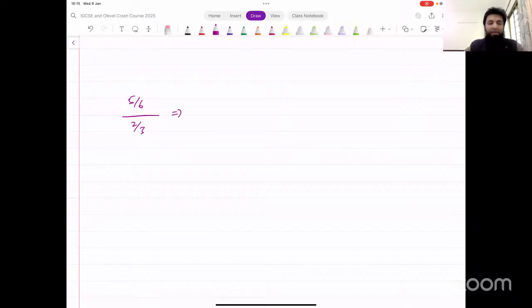An easier way that will save you from careless errors of simplifying this would be that you write it separately like this. 5 over 6 divided by 2 over 3, you write it as 5 over 6 with a division sign. So instead of this fraction here, you use a division sign and you say it's 5 over 6 divided by 2 over 3.